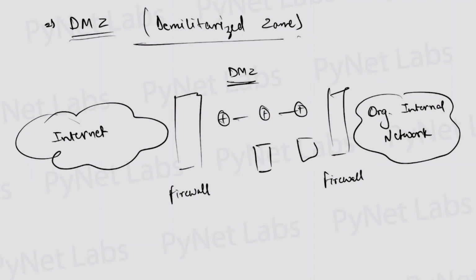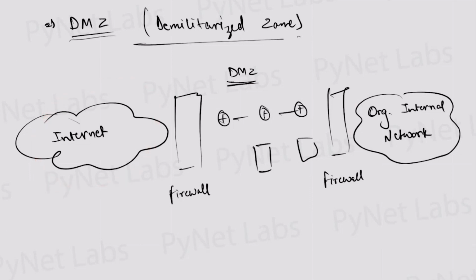So what exactly is happening here? By giving a DMZ zone, I am giving an extra layer of security to the organization's internal network. This is my organization's internal local area network where I cannot expect any kind of untrusted traffic. By deploying a DMZ zone, I'm allowing my organization to access the internet to a certain level.